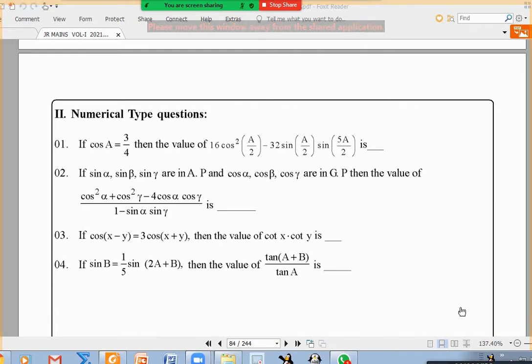If you do it in a particular way, you may get it in fewer steps. Cos square alpha plus cos square gamma minus 4 cos alpha cos gamma.